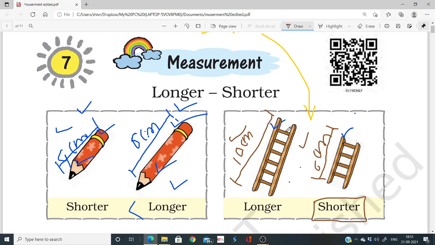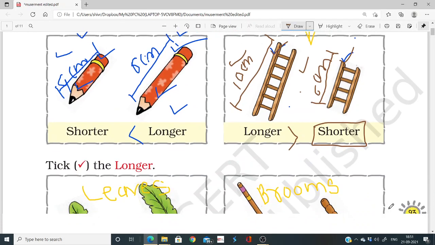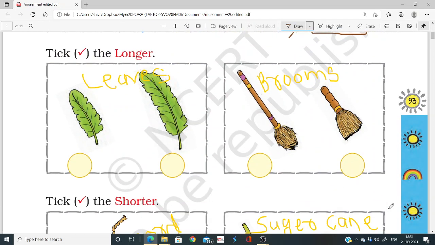Therefore, 10 centimeter is longer than 6 centimeter. When we compare these two pictures with each other, this is longer and this is shorter. Now next, we have to take the longer.